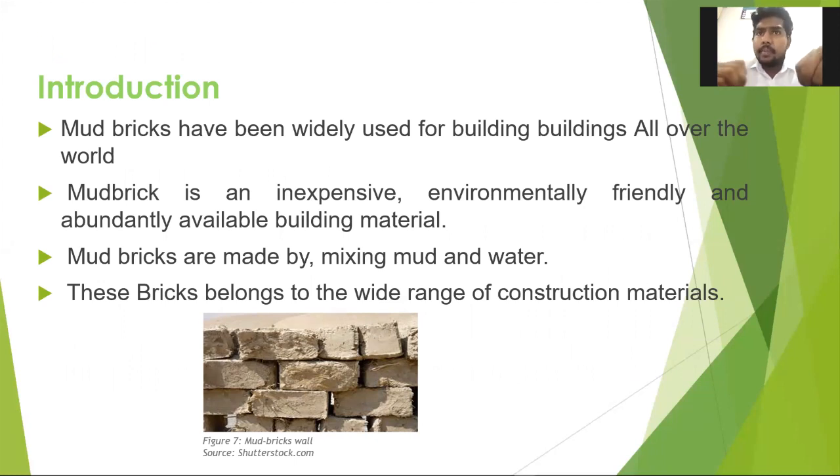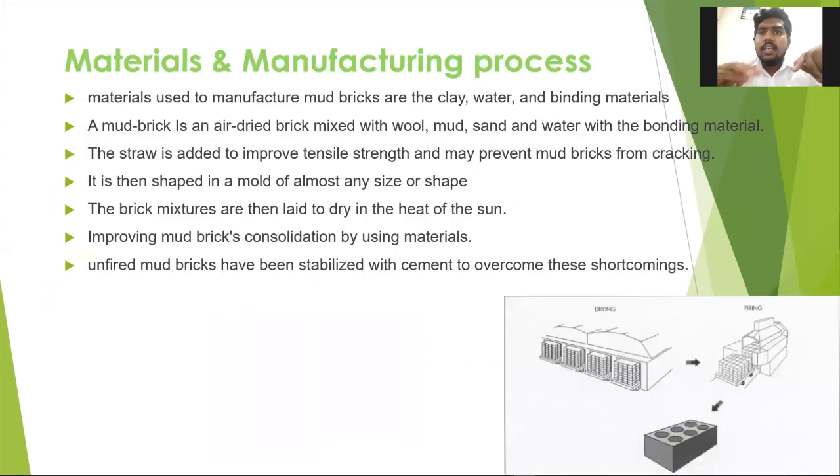Mud bricks are made by mixing mud and water into a goopy blend. These bricks belong to a wide range of construction materials, since they are mainly used for the construction of outer and inner walls. The initial materials used in manufacturing the bricks are clay, water, and grinding materials such as rice husks and straw.